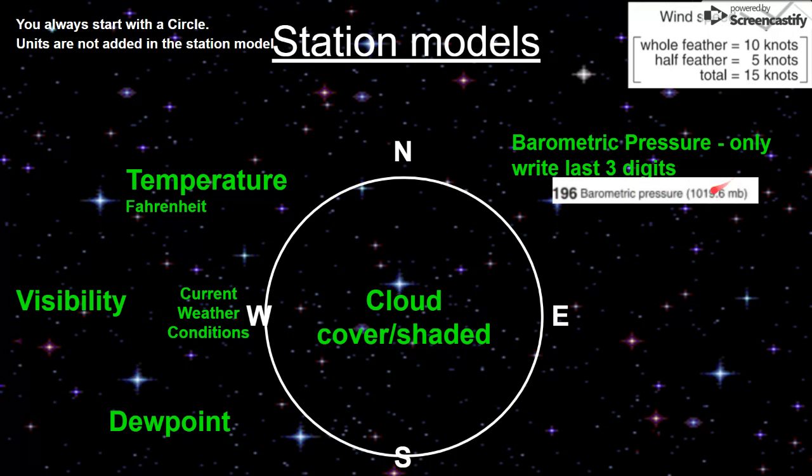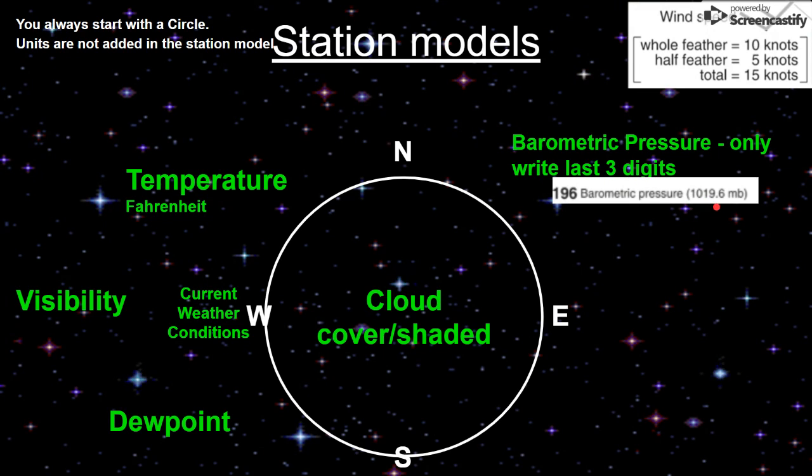For example, the barometric pressure of this example is 1019.6 millibars. But if we're writing it in our station model, we are only going to write the last 3 digits. Only write the last 3 digits. You are writing this down on your paper now, okay? Only the last 3 digits.